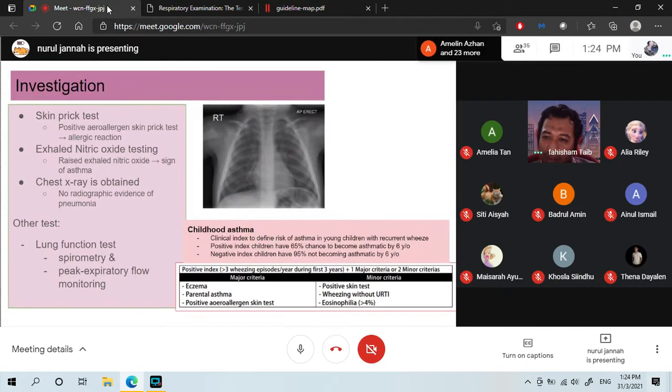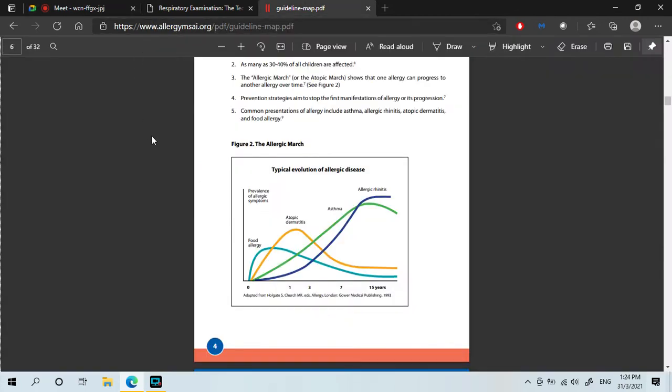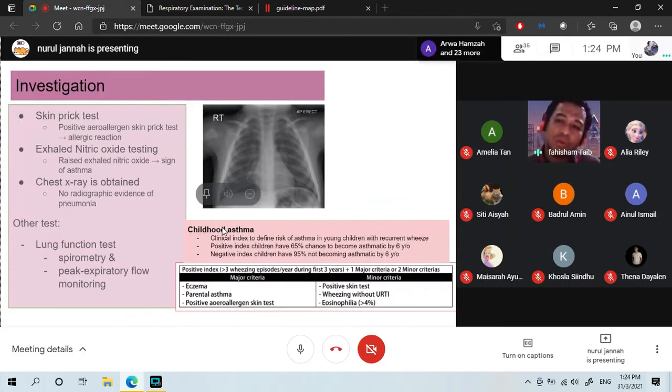So that goes back to the diagnostic criteria. These are all predictive indices. But predictive index does not mean that, because asthma, as I mentioned, is a heterogeneous condition. Some may have positive skin tests, some may have eosinophilia, some may be positive for aeroallergen, but asthma is more than that.